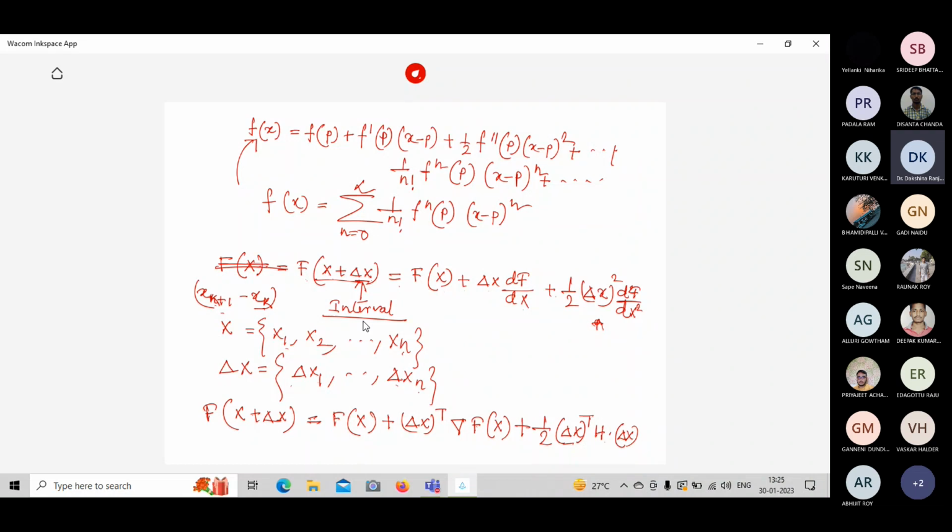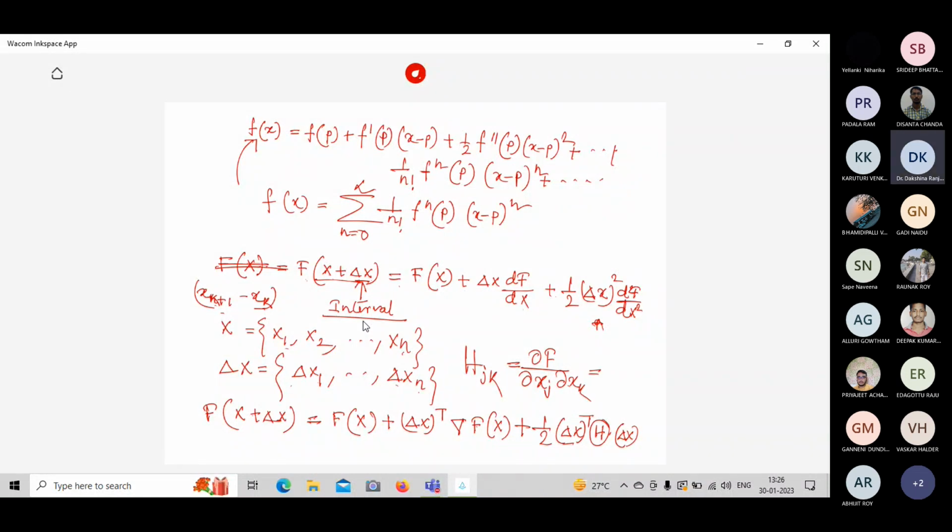Now what do we call this h? Here h is the Hessian matrix. For the Hessian matrix we can write h jk equals the partial derivative del f by del x j del x k.